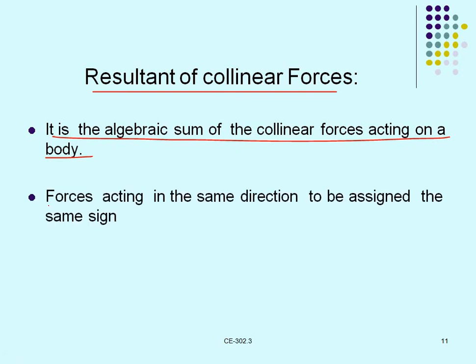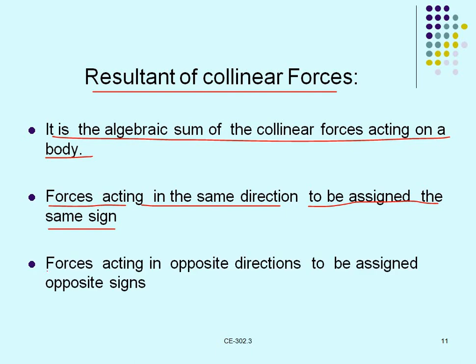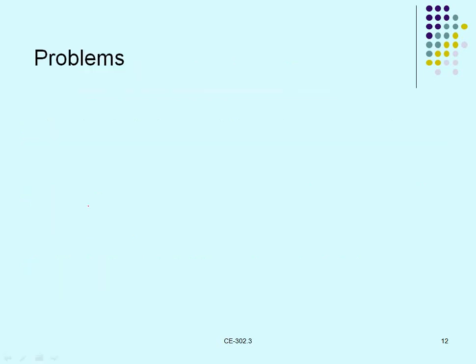Forces acting in the same direction are to be assigned the same sign, and forces acting in opposite directions are to be assigned opposite signs. So positive or negative, it will be there.